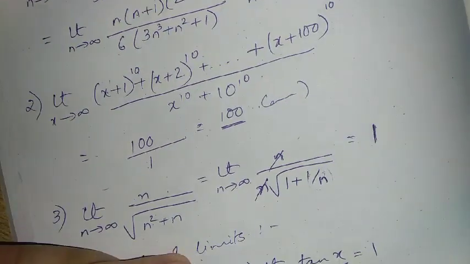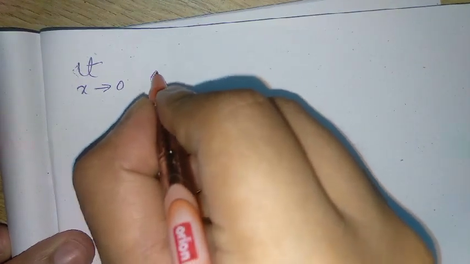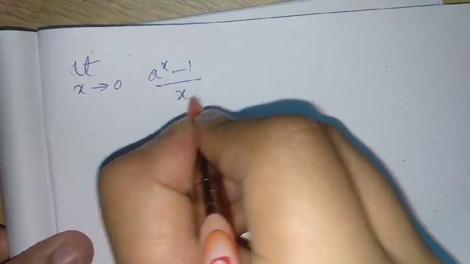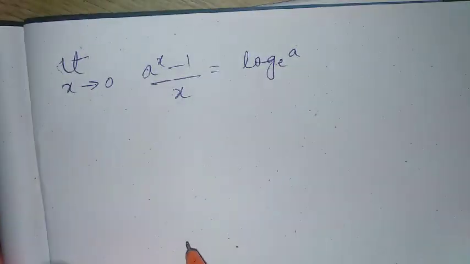Okay, a few more limits after this. Limit x tends to 0, a to the power x minus 1 by x is equal to log a to the base e.